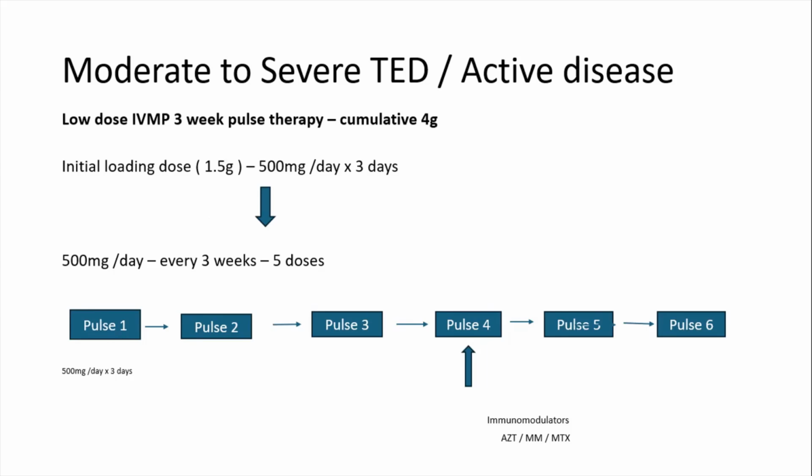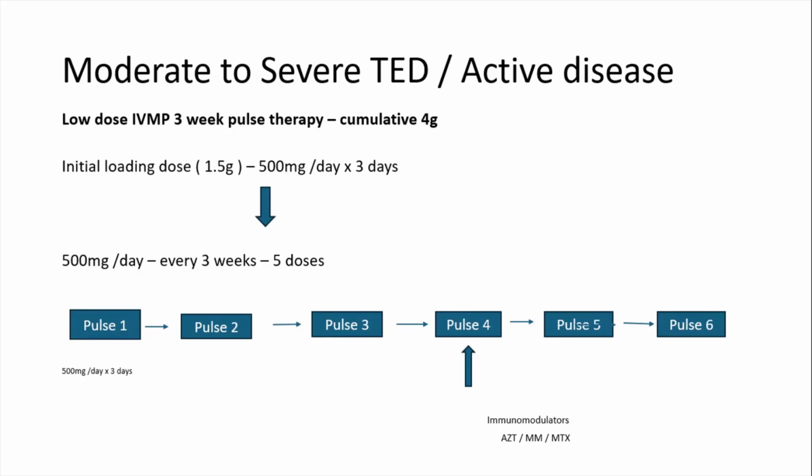If we have an extremely good response or a good response, we can continue with the rest of the pulses and stop when they go into inactivity. But if we have a moderate response, then it is wise to add on immunomodulators. Why? The immunomodulators should be added on with the pulse 4 therapy rather than at the end after completing, because immunomodulators are slow in acting and peak after around 6 to 8 weeks.